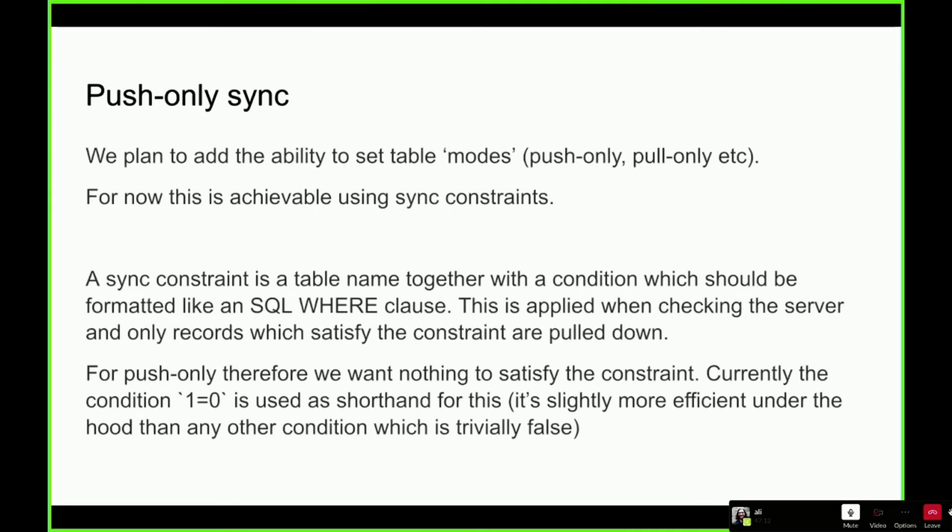And there's a little shortcut in the LiveCode for FM engine, where if you use 1 equals 0, then it's slightly more efficient under the hood than any other condition that's trivially false. So we're going to use that.